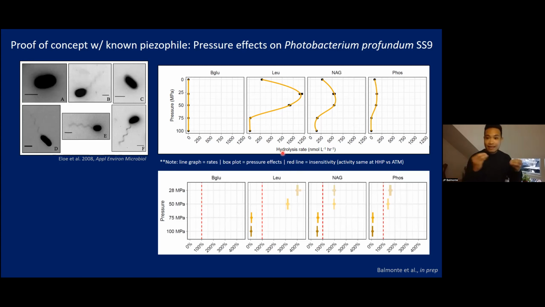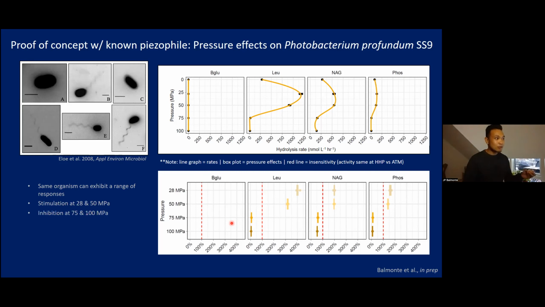When you take that ratio of activity at some high hydrostatic pressure and relate it back to activity at atmospheric pressure, this is what you get. 100%, or insensitivity, is indicated by this red dashed line. At 28 and 50 megapascals, you still see stimulation. But once you subject it to 75 and 100 megapascals, you see very strong inhibition, even of this moderate piezophile.